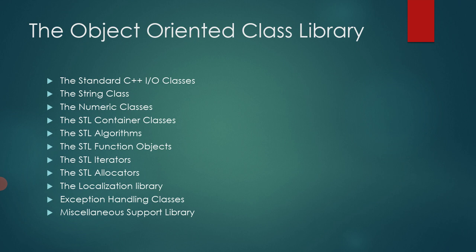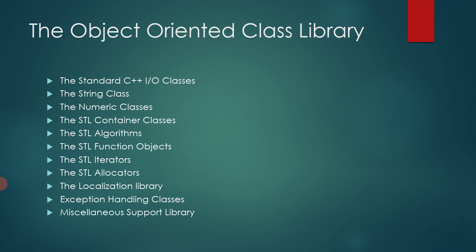For example, if I want to access or store some value and there is not enough memory, there is an exception handling function which generates the output that there is not enough memory. These types of functions come under exception handling classes. And then the miscellaneous support library. So students, these all are the library functions of the object oriented class library.